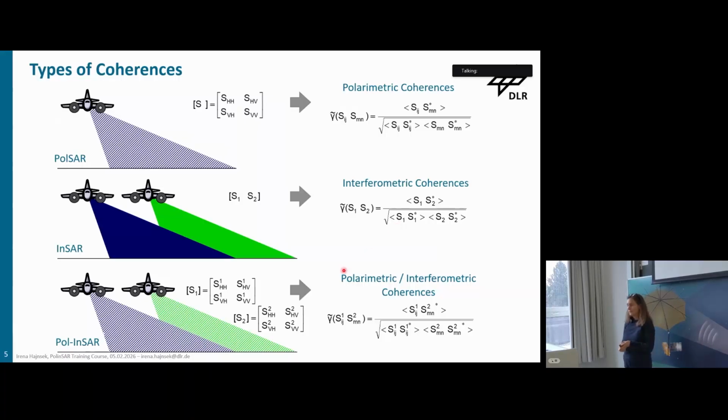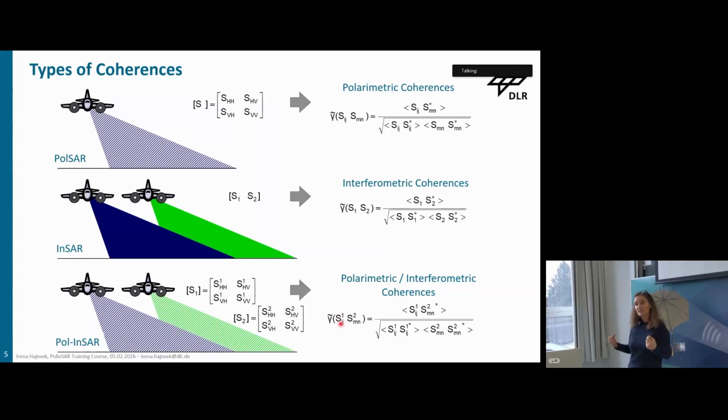And then you have heard also about Pol-InSAR yesterday. What you do here is combine interferometry with polarimetry, where you use in principle the scattering matrix observables, and then you correlate them in terms of polarization diversity. So it's the same, it's only that you introduce more polarization diversity.